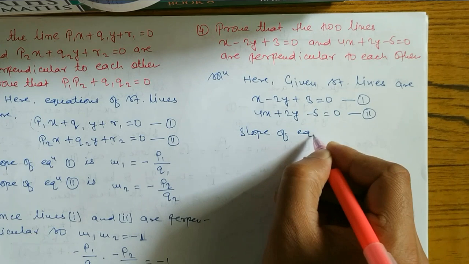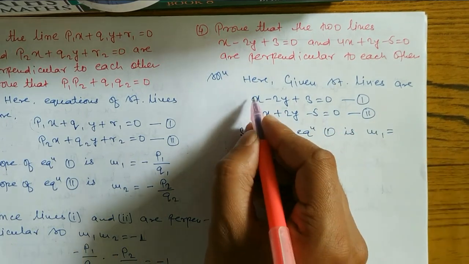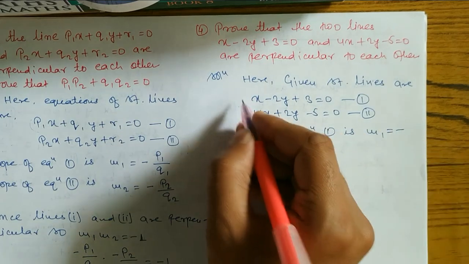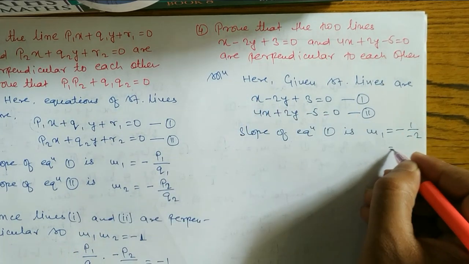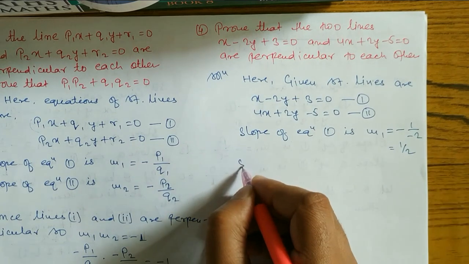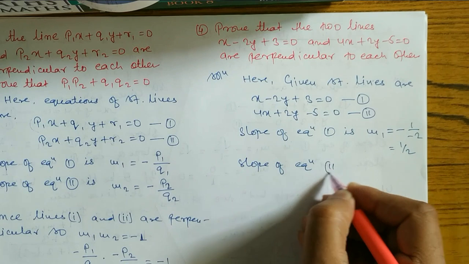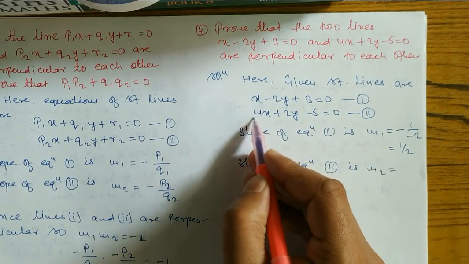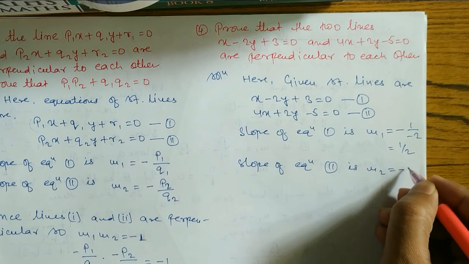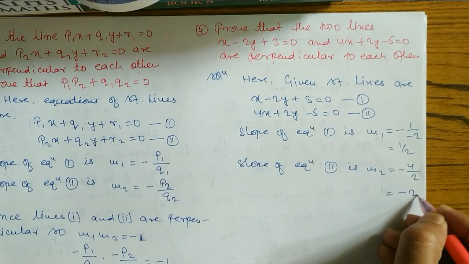Slope of equation 1, m1, is equal to minus coefficient of x by coefficient of y. Coefficient of x is 1, coefficient of y is minus 2, so m1 is 1 by 2. Similarly, slope of equation 2, m2, is minus coefficient of x, 4, by coefficient of y, 2, so we get minus 2.